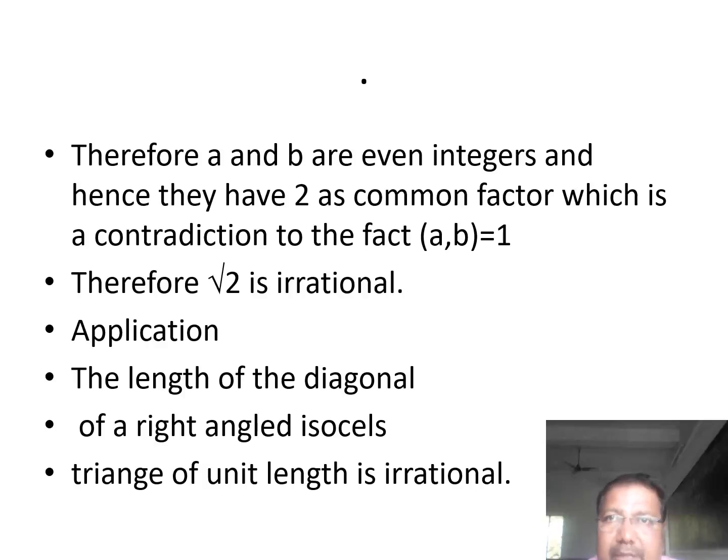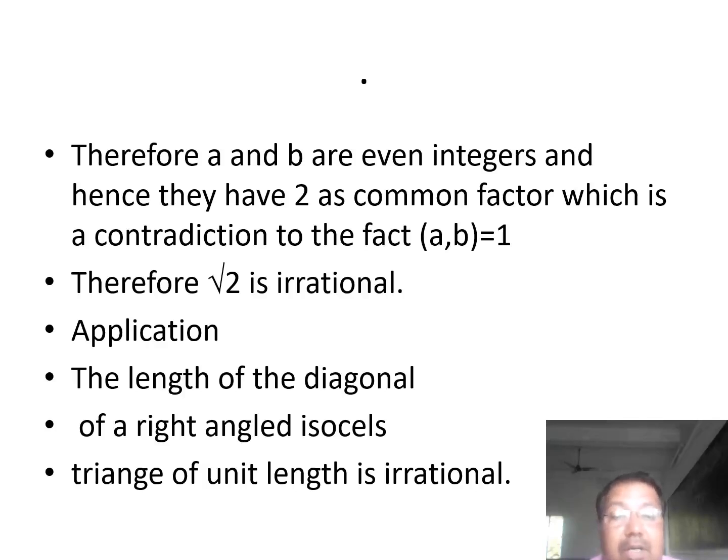Apply the Pythagoras theorem, 1 squared plus 1 squared equals 2, equal to the diagonal squared. So d squared equals 2, d equals root 2. Therefore, the length of the diagonal of an isosceles triangle of unit length is irrational.